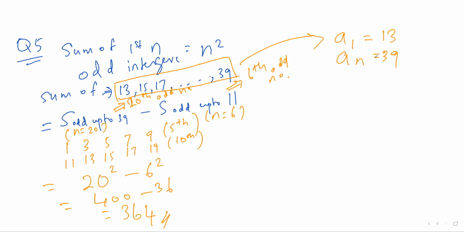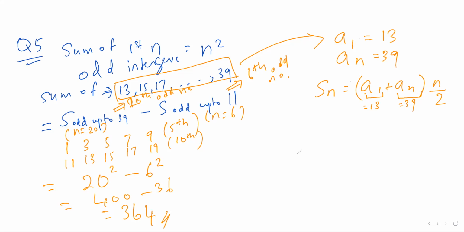From here to here, the sum is A1 plus AN, times n over 2. So as long as we know n, we can find the sum, because we know A1 and we know AN as well. So A1 is 13, AN is 39.